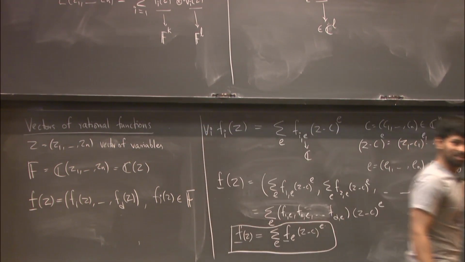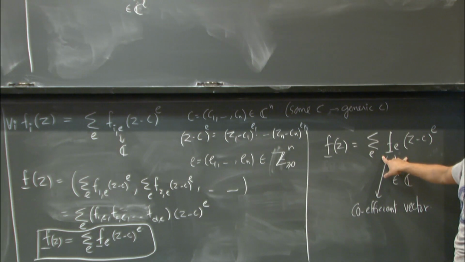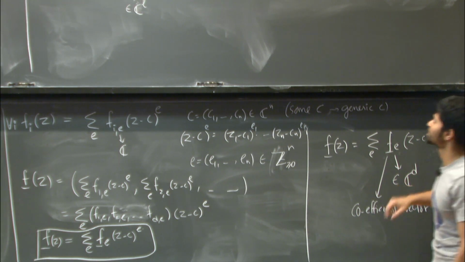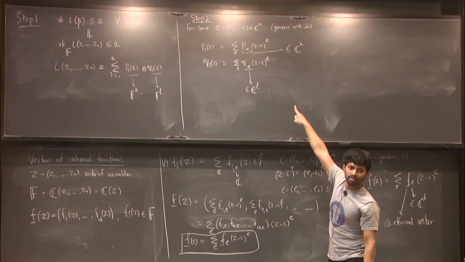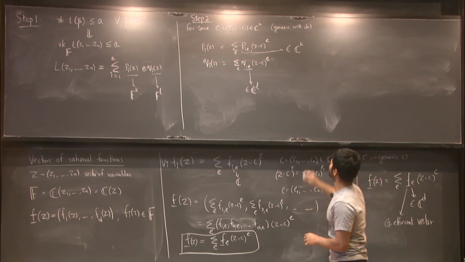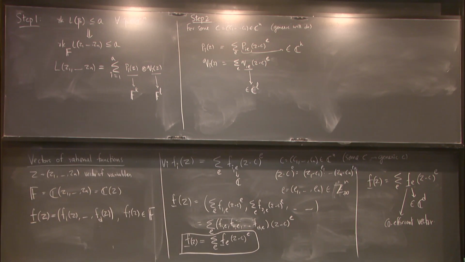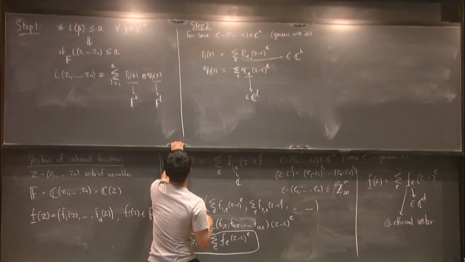So you remember, we took a vector of rational functions and we wrote it as a power series whose coefficients were vectors with complex numbers. So I do the same thing up there. That makes sense? Beautiful. So this was the symbolic step, and this was the power series step. Let me rewrite it in a more careful way.